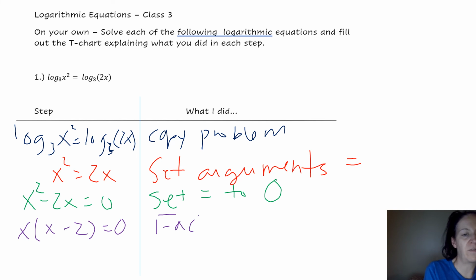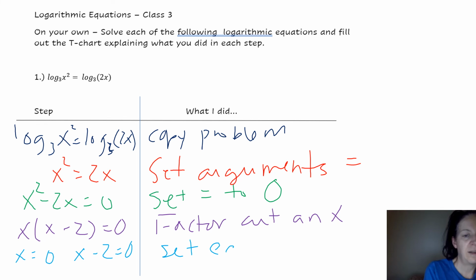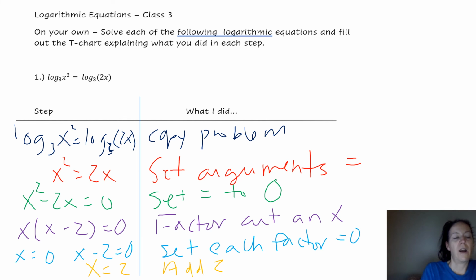So that is factor out an x, and now we'll set each factor equal to 0. That's also called using your zero product property. And then right here I would add 2 to both sides. And so there are 2 answers, and we want to make sure that we check them.